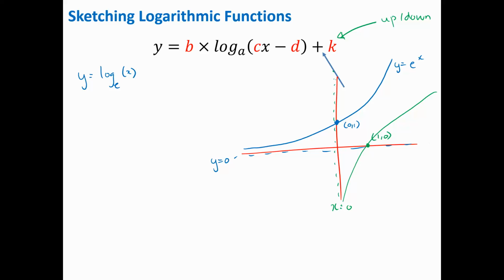What's B responsible for again? What does B do? So if I had 2 log e of x, what does the 2 do? Dilation from which one? X-axis. Are you sure? How do you know?